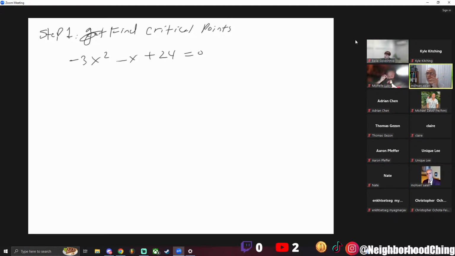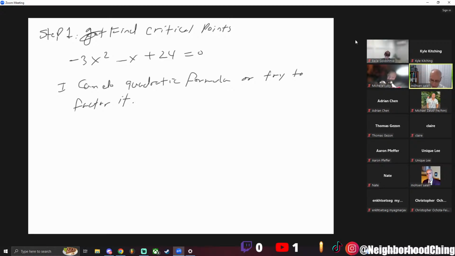I can do quadratic formula, or try to factor it. In this case, I'm going to go ahead and try to factor it using the AC method.